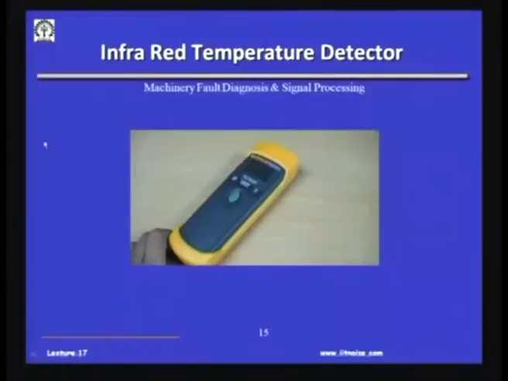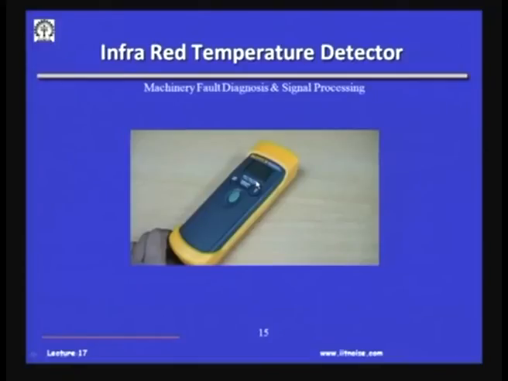And this is the infrared temperature detector, which again works on the principle of pyrometers. We give an optical light beam, and depending on the reflected intensity back, we can know the temperature.